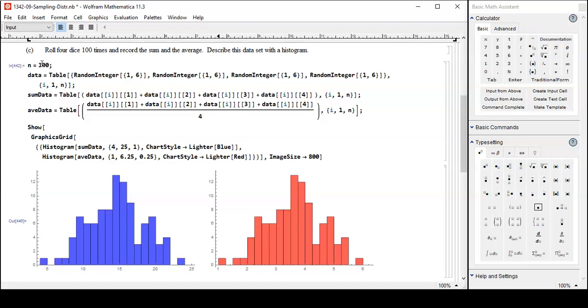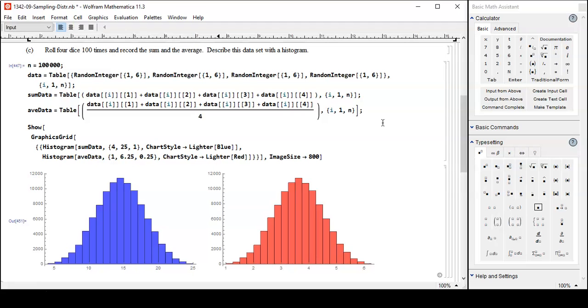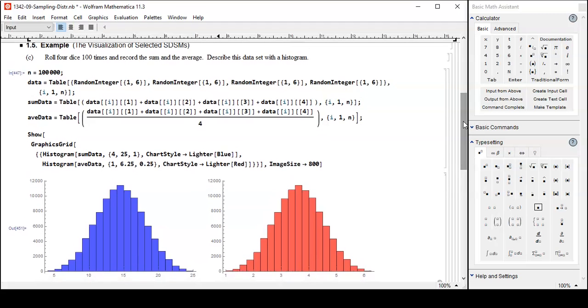So let's increase this so that maybe I can see some pattern behind the probability distribution of this sampling distribution of sample means. And what do you see? You see a very nice normal behavior. And that's for the sampling distribution of sample sums, and this one is for the sampling distribution of sample means.